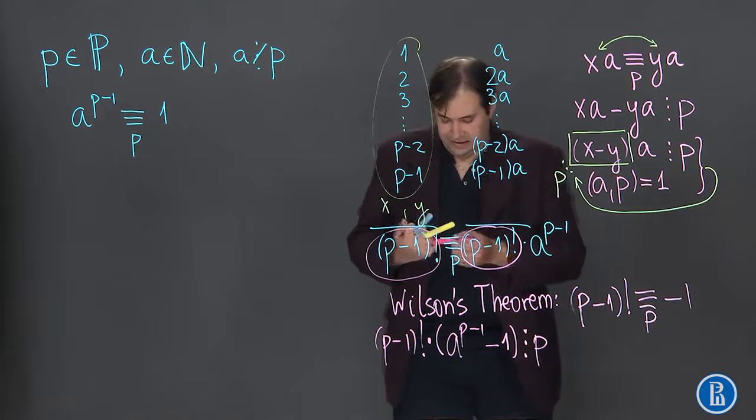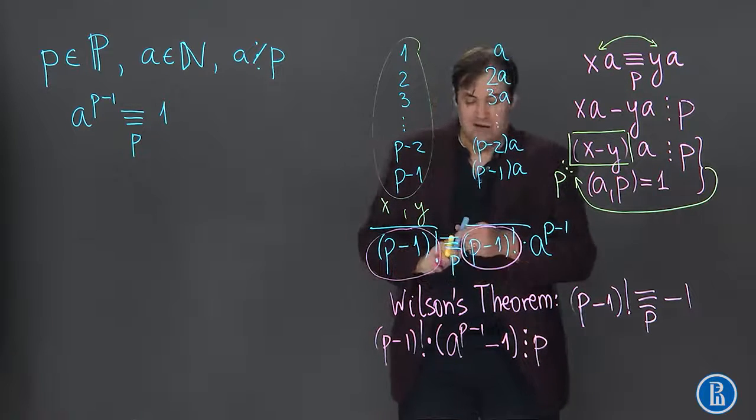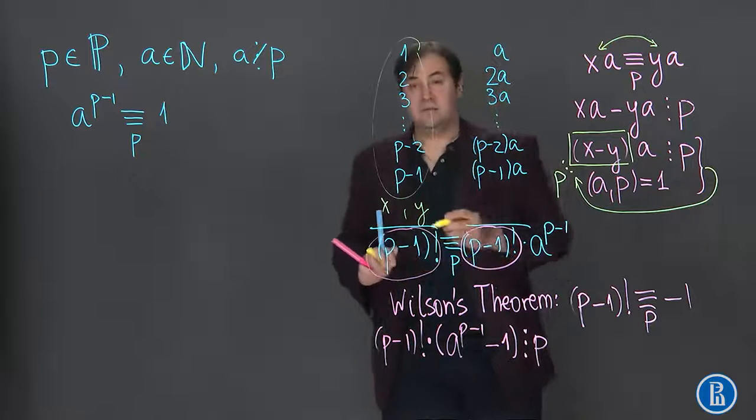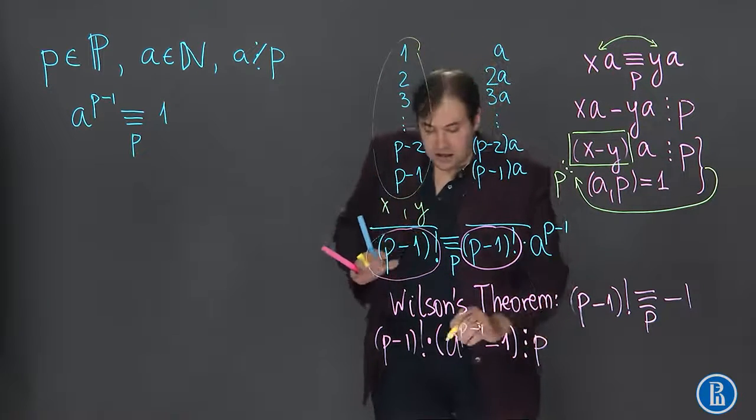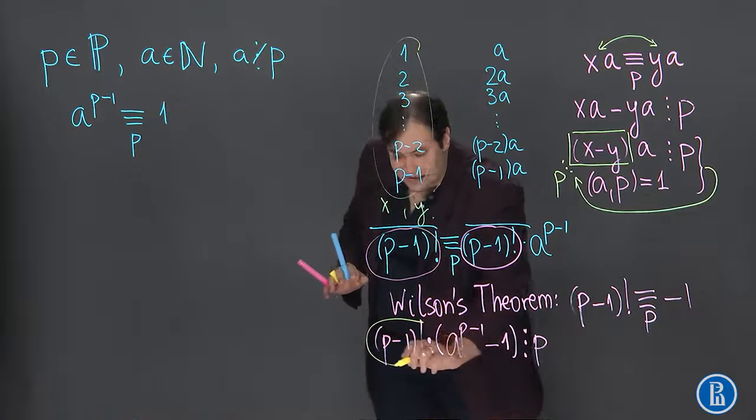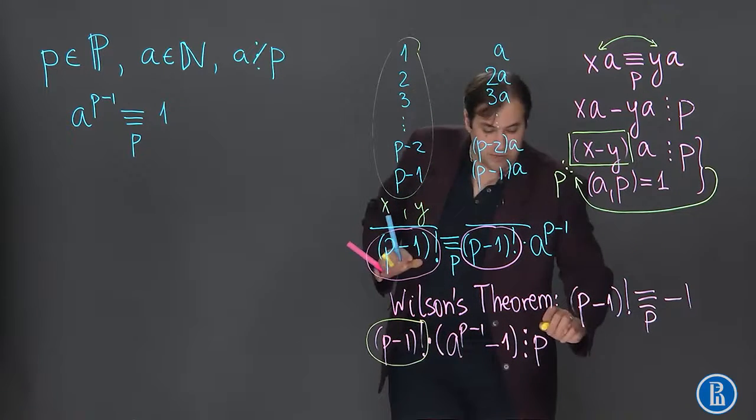Well, since p minus 1 factorial is the product of numbers that are mutually prime with p, then itself it is mutually prime with p.